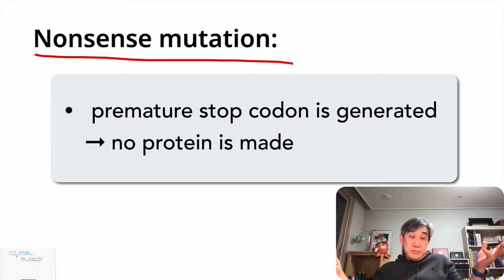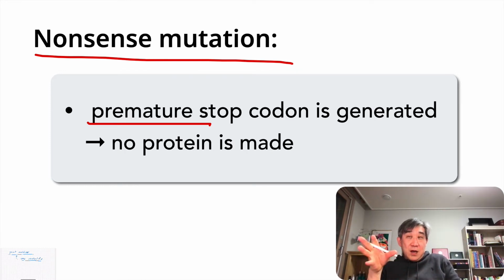This happens because, as a consequence of the disruption of the reading frame, very soon after the frame shift, a stop codon is spontaneously generated by chance. A lot of times that's how it is. Even though there are only 3 different possibilities of a stop codon, UGA, UAA, UAG, 3 different kinds, it still happens a lot.